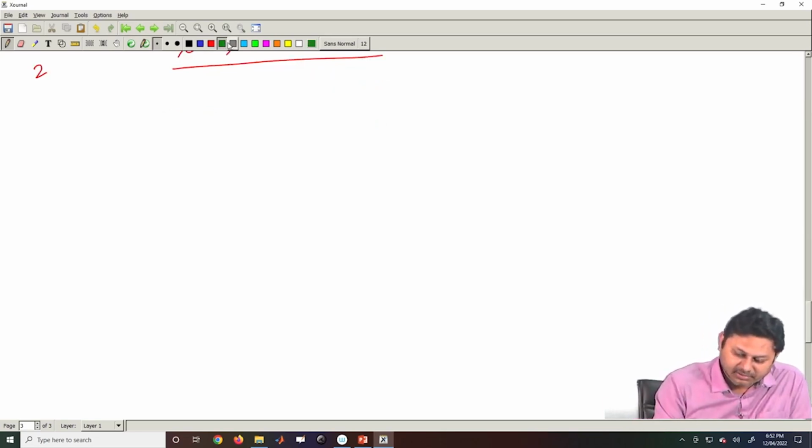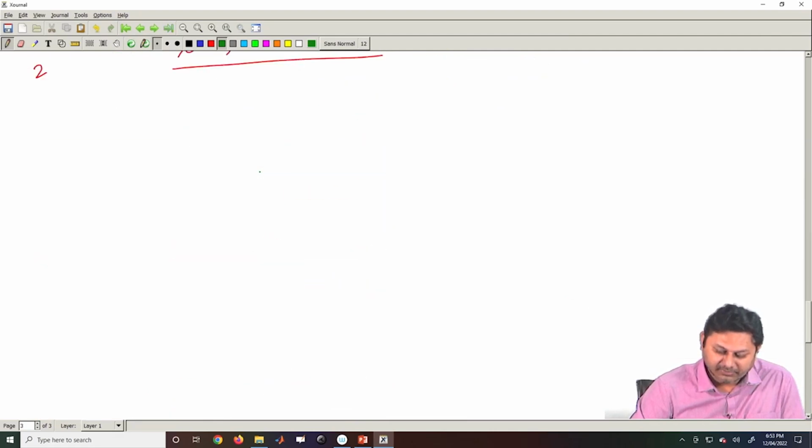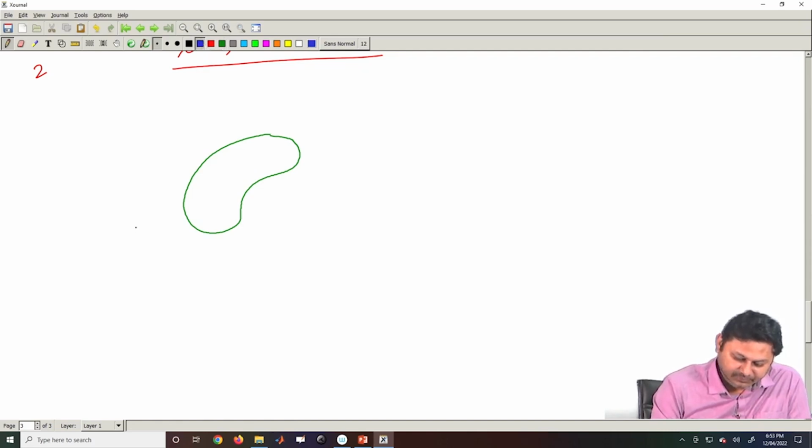The picture that we have, like before, I have a closed volume region, and suppose the charge is placed somewhere here.